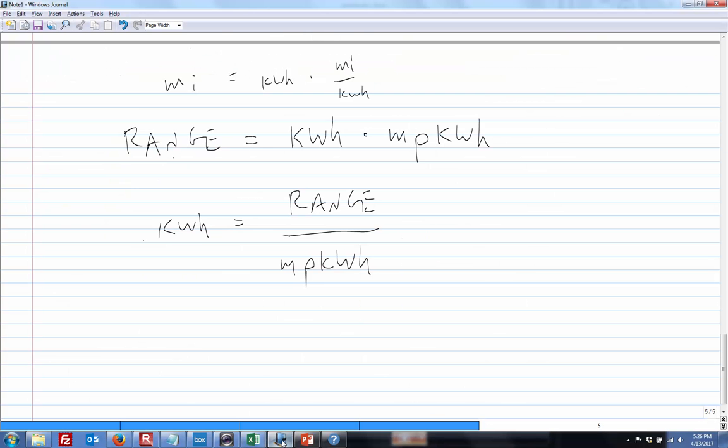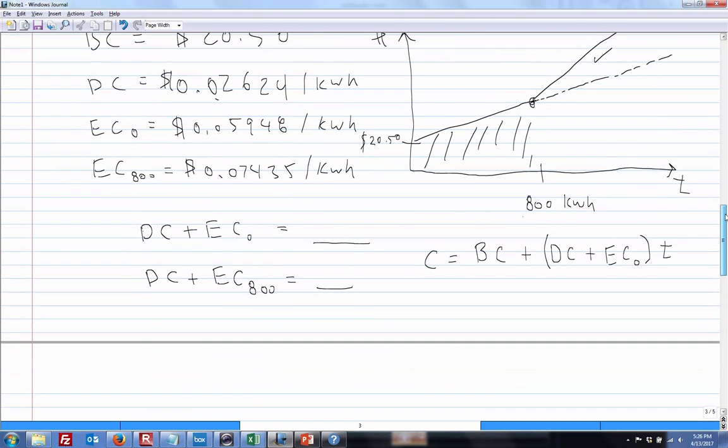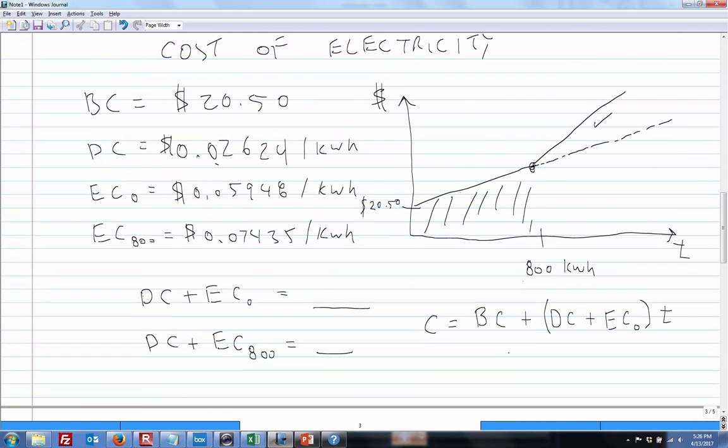And we did our cost function already. So the cost function is the basic charge plus the direct charge, or delivery charge, plus the energy charge starting at 0 times the time.